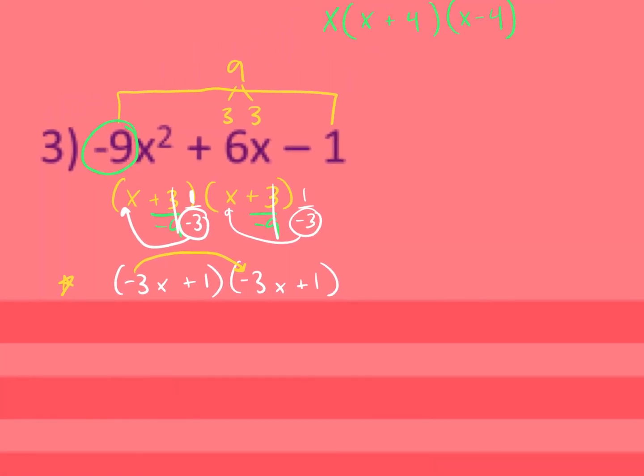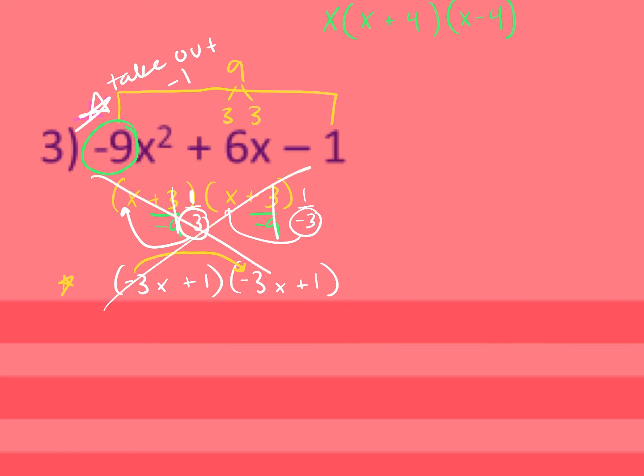So whenever we have a negative out front, we want to take out negative 1 to start. Because when you factor with a negative leading coefficient, there is a chance that we could mess up the sign somewhere. So we want to start by taking out a negative 1.